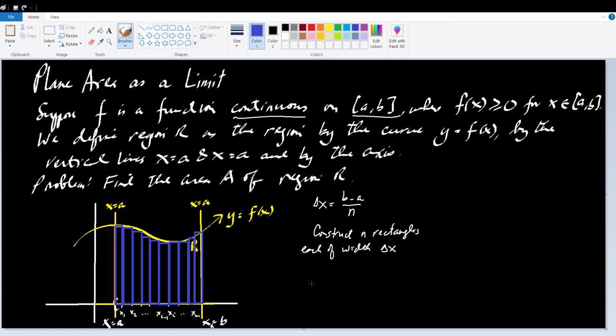So let us denote the area of each rectangle by delta A. Let delta A sub i be the area of the ith rectangle.